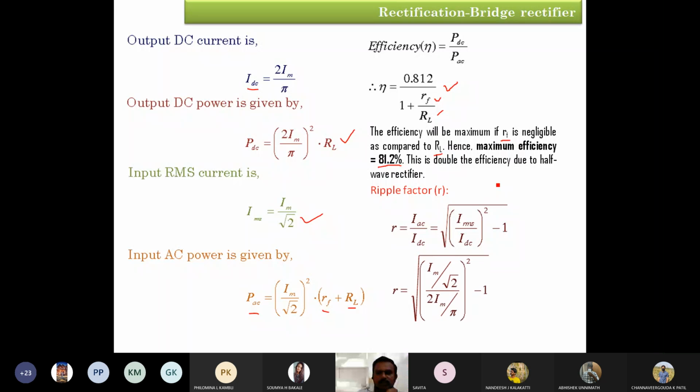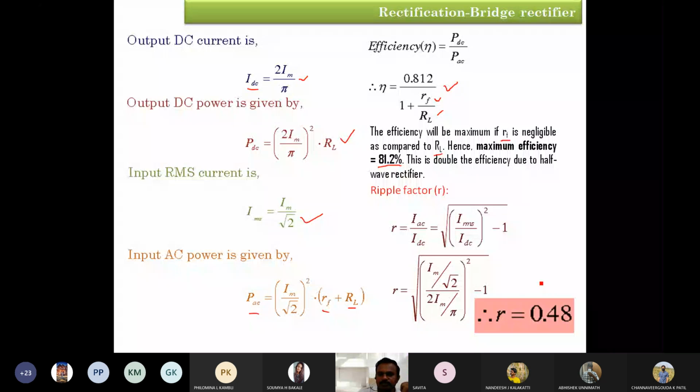If you substitute these equations, IRMS, that is Im by root 2, and IDC, that is 2Im by pi, whole square minus 1, which is going to reduce. I'm not going to deal with all these mathematical steps because it is a simple divide operation with respect to two values. So the ripple factor ends up with R is equal to 0.48.